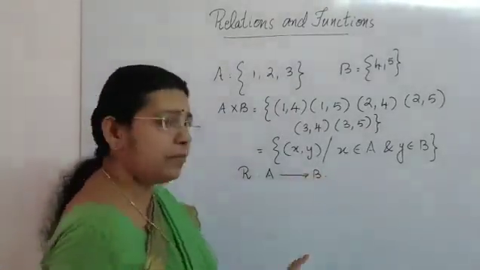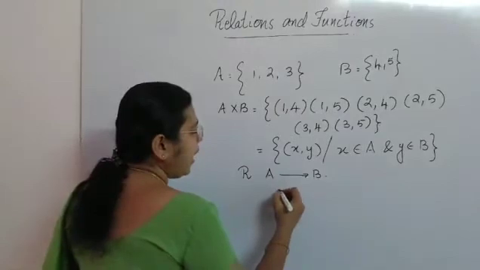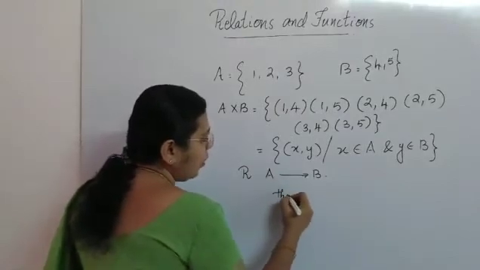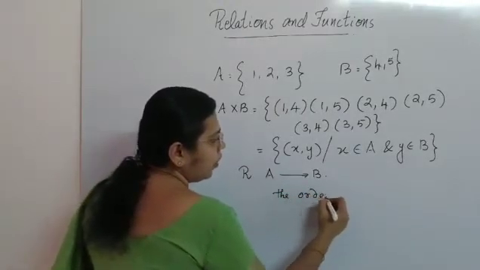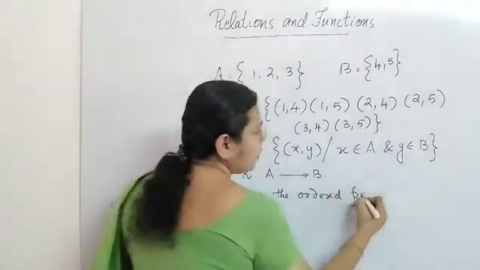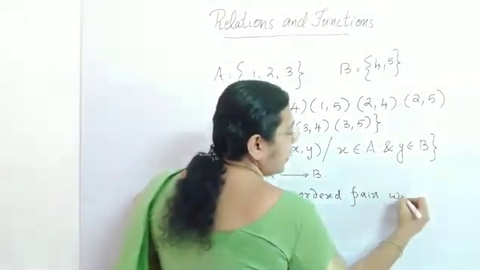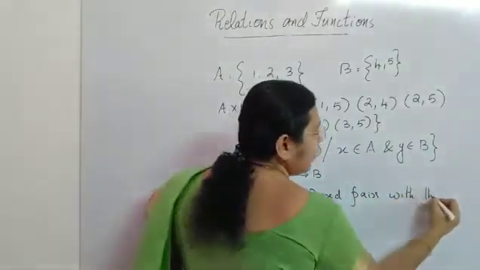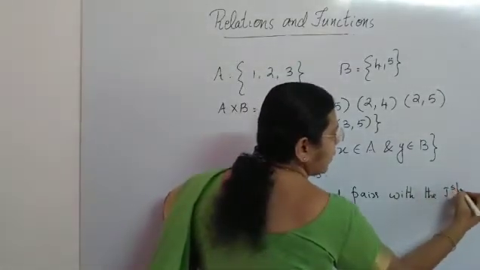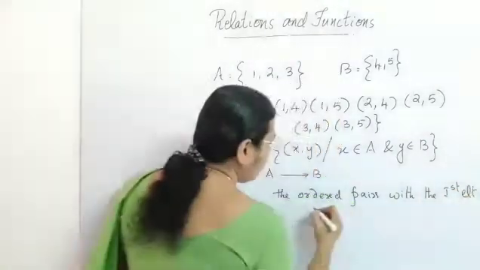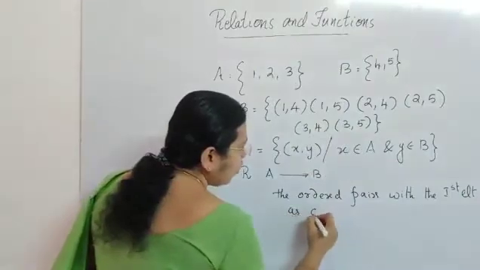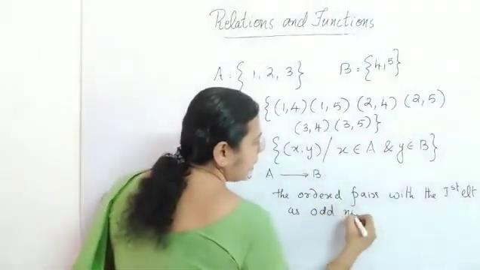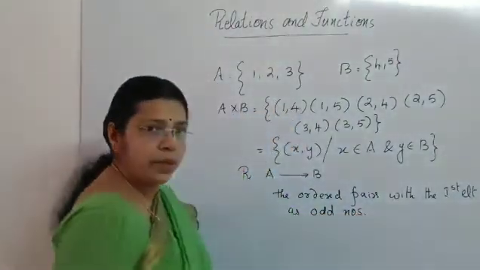Now, how is this relation defined? I am going to define it as the ordered pairs with the first element as odd numbers.